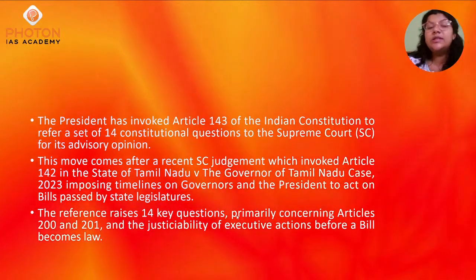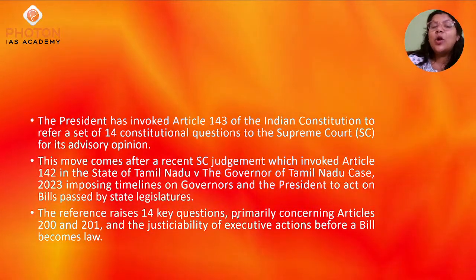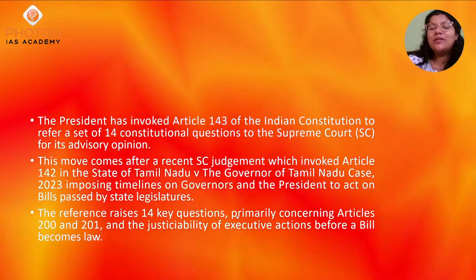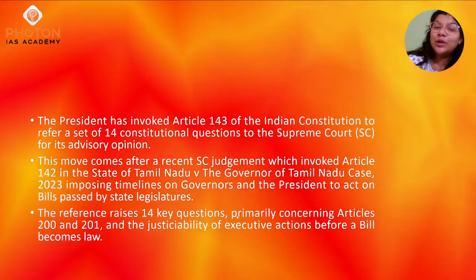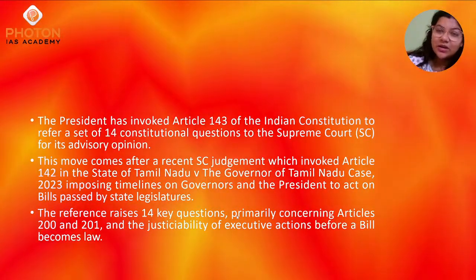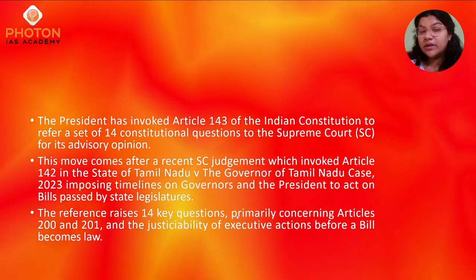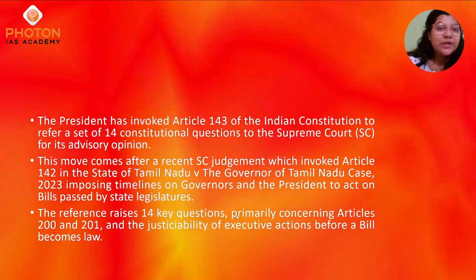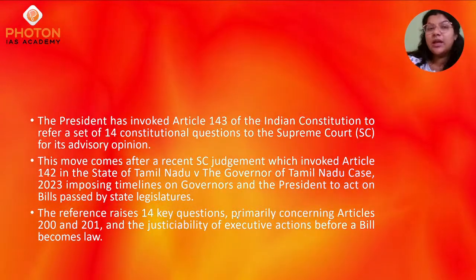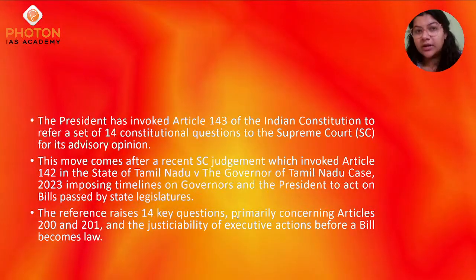And post this, the President asked the Supreme Court on what basis, or what are the constitutional possibilities, of Articles 200 and 201, which deal with bill passing by the governor. We've spoken at length about the veto powers of the governor.